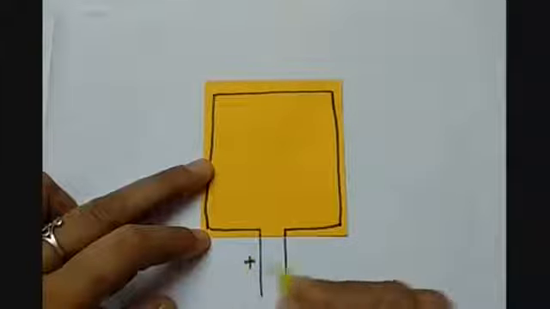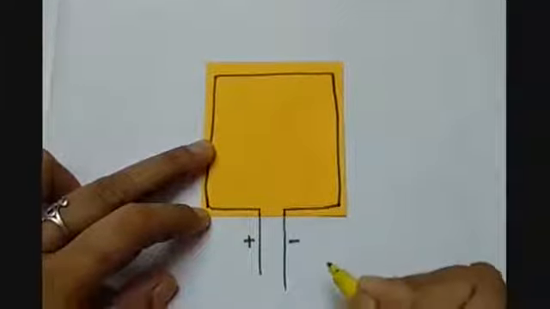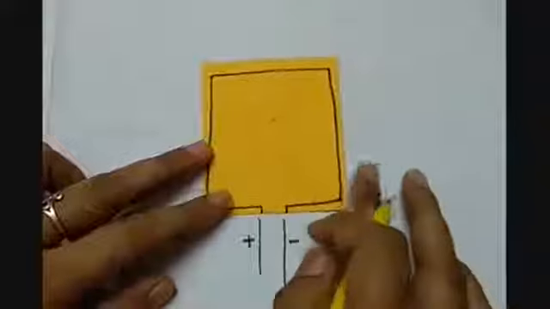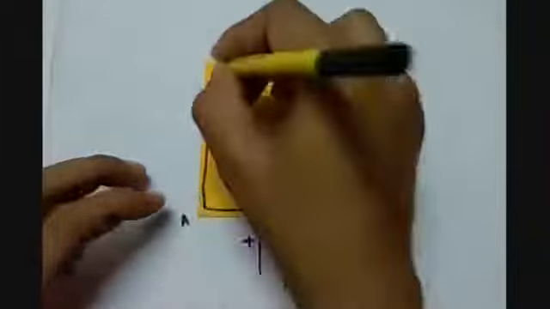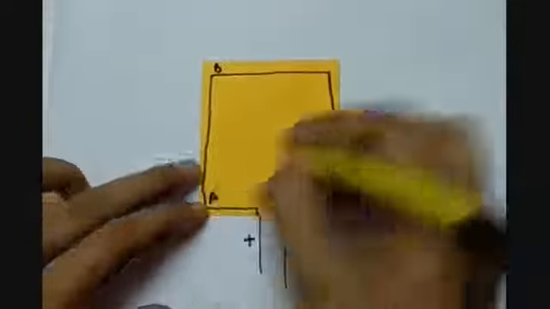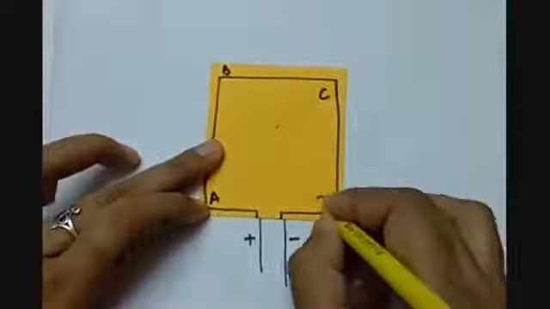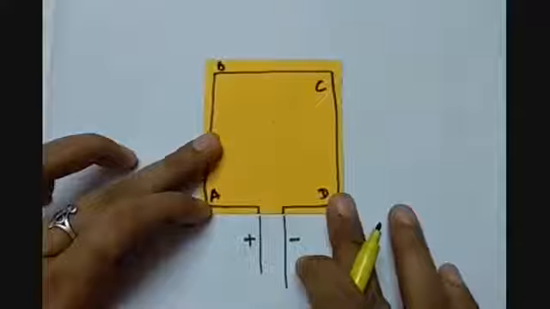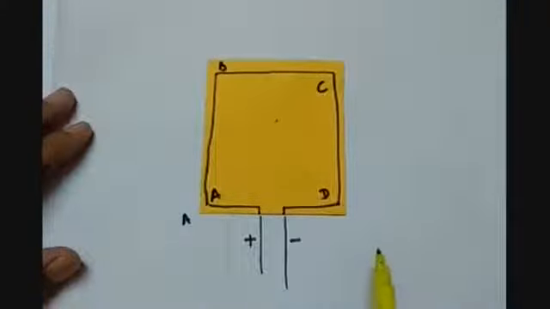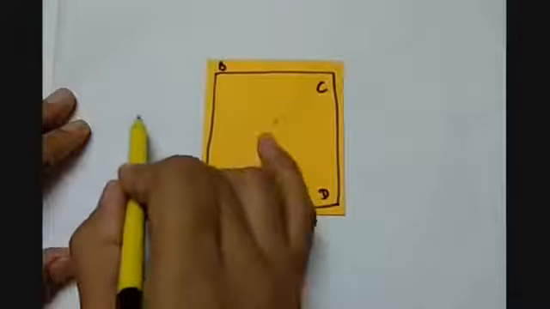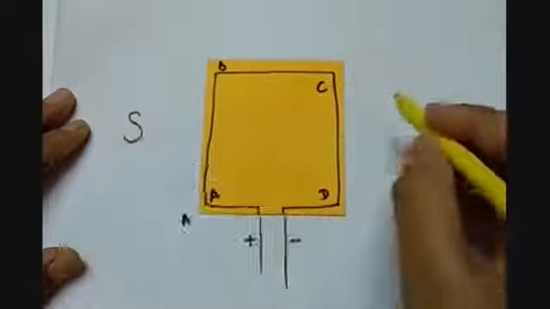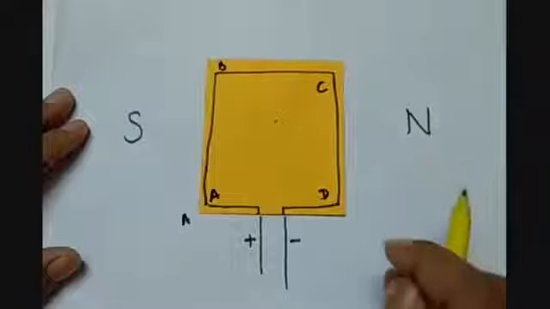Here I have the positive and negative terminals of the battery, and this is my armature coil named A, B, C and D. If I have the magnetic field around it, here I have the south pole, here I have the north pole.